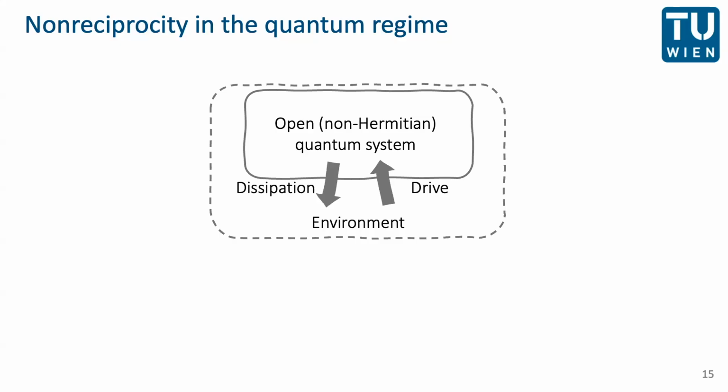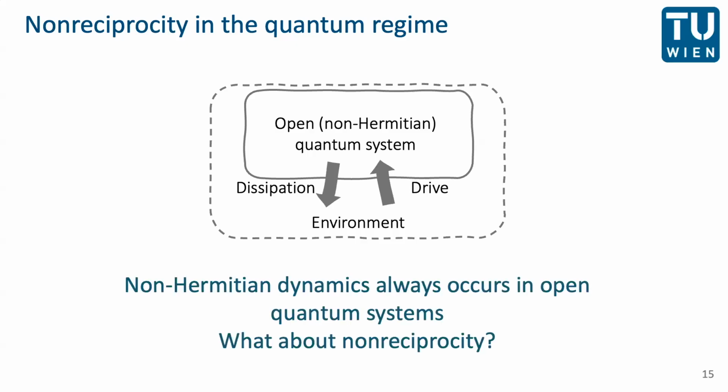But non-Hermitian does not have to be non-reciprocal. There is a general rule that if you have non-reciprocal interactions, then the system is non-Hermitian. But if the system is non-Hermitian, it does not have to be that there are non-reciprocal interactions in it. So one has to be a bit careful. Non-Hermitian dynamics always occurs in open quantum systems. And the question is, can we also engineer non-reciprocity?